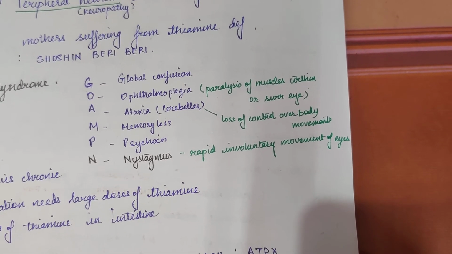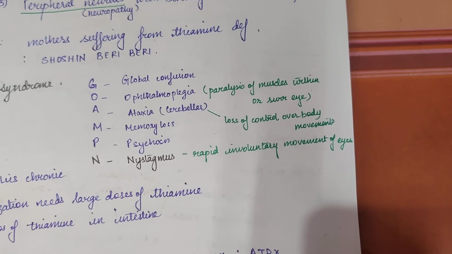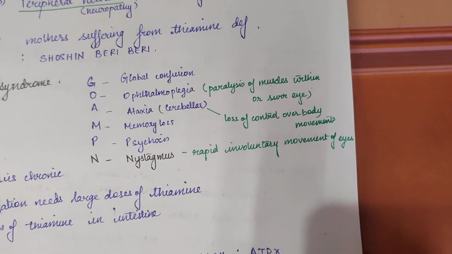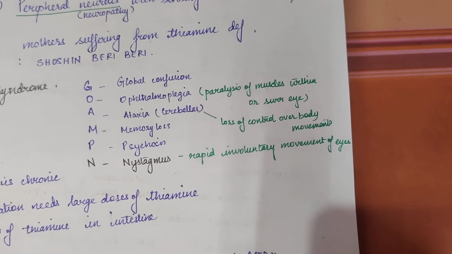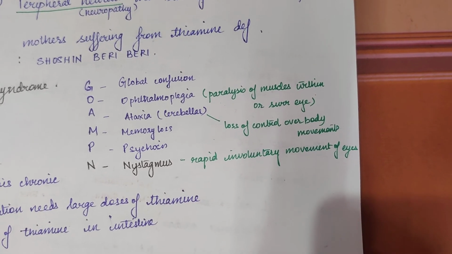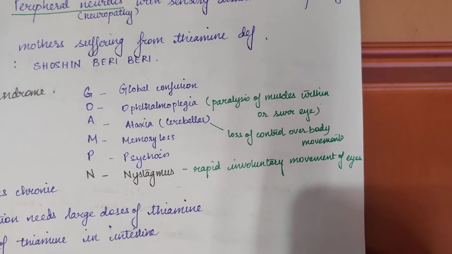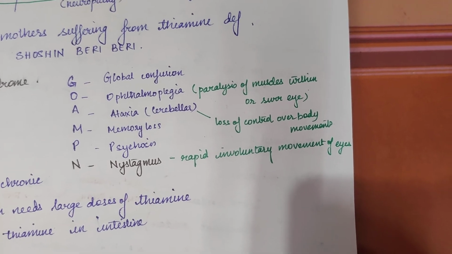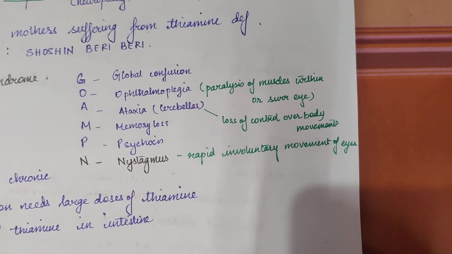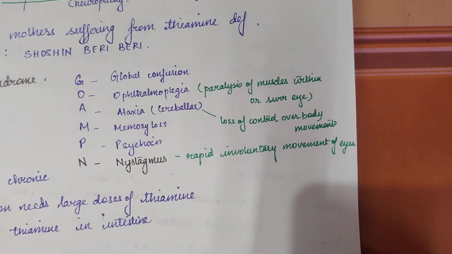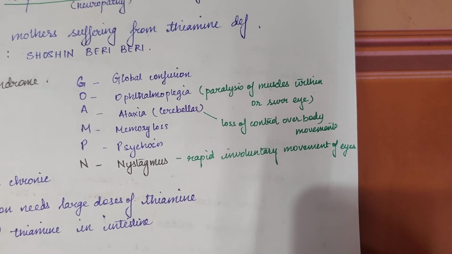Next we have ataxia. Ataxia is cerebellar ataxia. What happens? Loss of control over body movement. What does the cerebellum do? It actually controls body movement. So if you have cerebellar ataxia, then you'll have loss of control over body movements. Next you have memory loss, obviously, and psychosis.